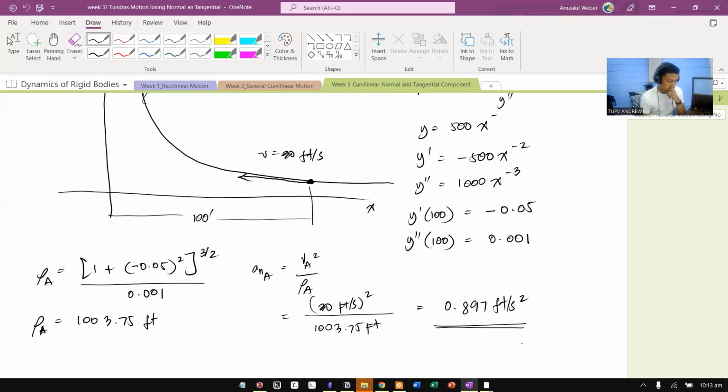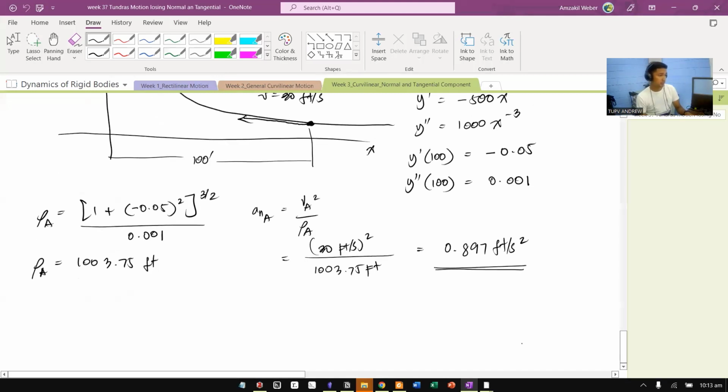The tangent of the angle is equal to y prime, which is the slope.